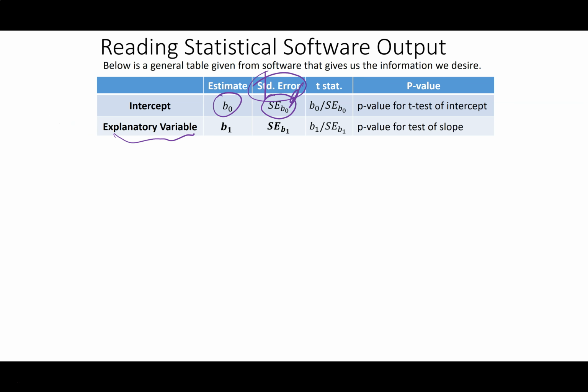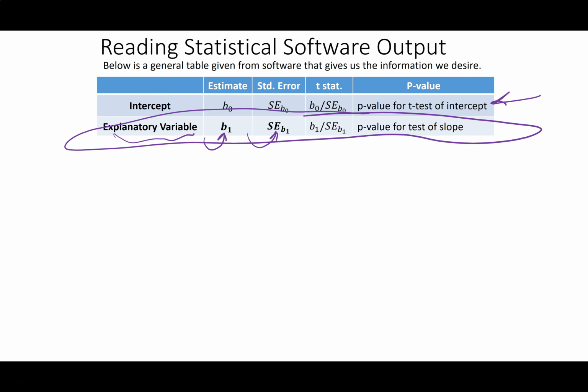And this is the slope that goes with that explanatory variable. And then this is the standard error. So ultimately, we will never really focus on this. It's very rare that you actually test the intercept. The intercept is usually useful to have. It's usually weird to remove it. So this is the line that we're really, really interested in here.